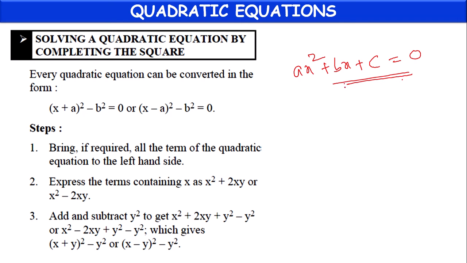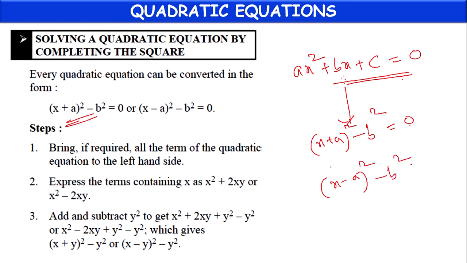But every quadratic equation can be converted to this form: x plus a whole square minus b square equal to 0, or x minus a whole square minus b square equal to 0. So normally every quadratic equation can be converted into this model.